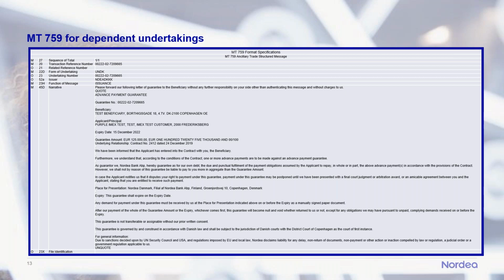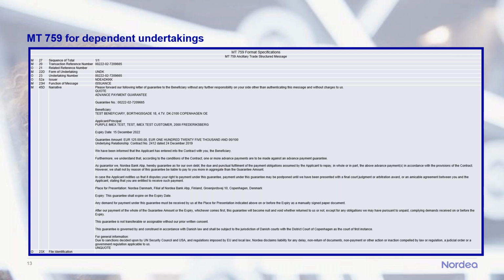So if you're issuing or requesting the bank to issue an accessory undertaking or an accessory guarantee, in SWIFT specification they're called dependent undertakings, for example, a surety under English law, then it's actually not a big change from what it is today. The difference is that it's a different message format than for other guarantees, but if you compare it to what you have today, then not a big change.